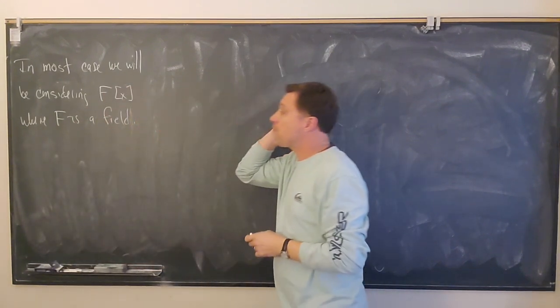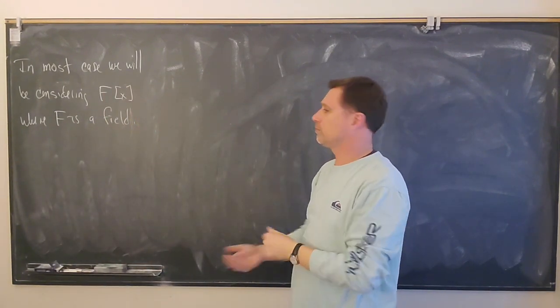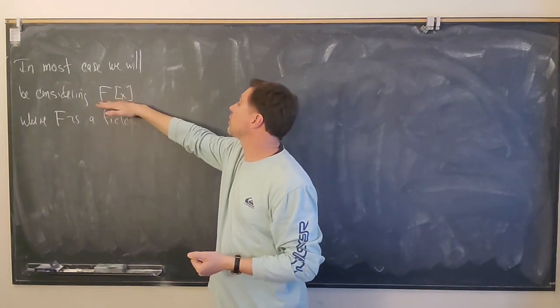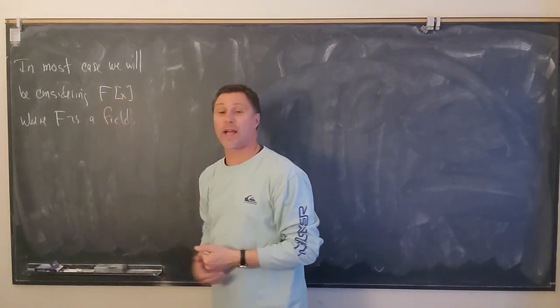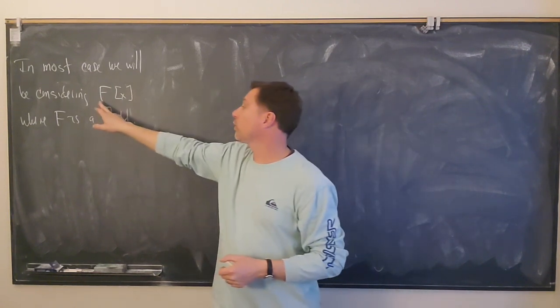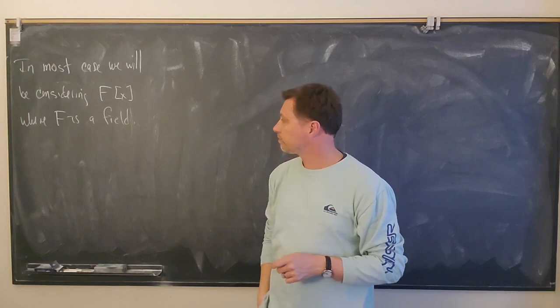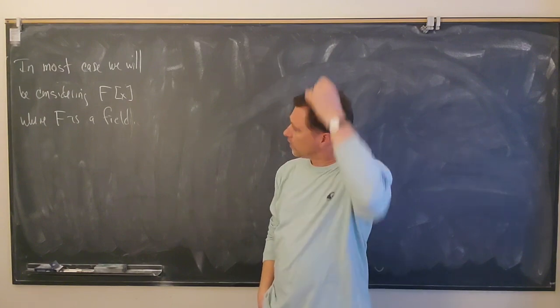So our main object of interest is going to be F[X], where instead of just having an arbitrary ring, we actually require our coefficients to come from a field. So that will be the main thing that we study.